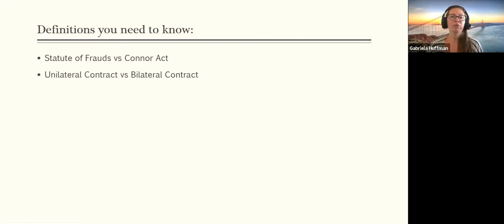Unilateral contract versus bilateral contract. These are the different time periods that you'll experience while under contract with a property. The unilateral, the uni part of the contract, a really good example would be during the due diligence period. So once buyer and seller go under contract, and if there is a negotiated due diligence period, the buyer is the only one during this time period that can choose to move forward with this purchase or choose to get out of the purchase.